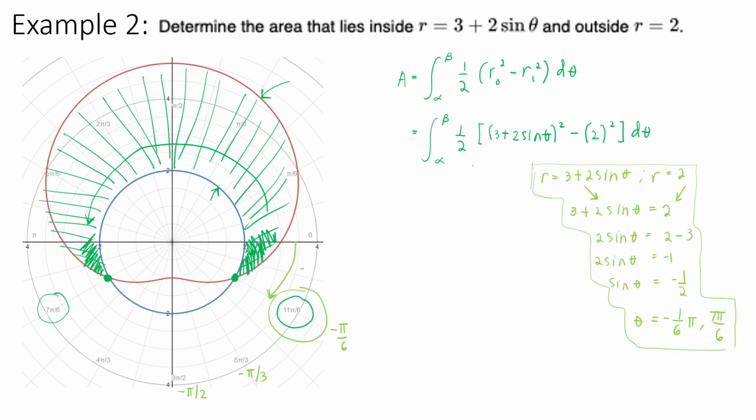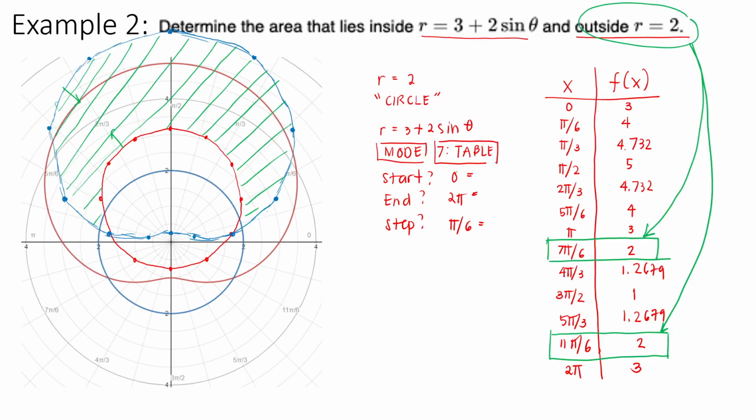Okay? So again, looking at the table before, we cannot let 7 pi over 6 be alpha because 11 pi over 6 is the starting value for your graph, di ba? So this should be alpha, then this should be the ending part. But take note that alpha should not be greater than beta.